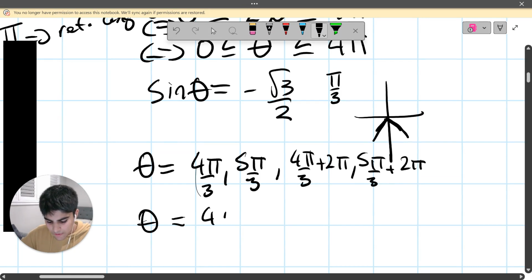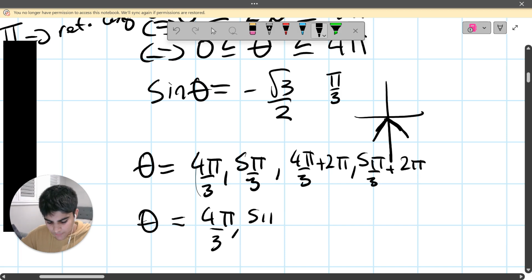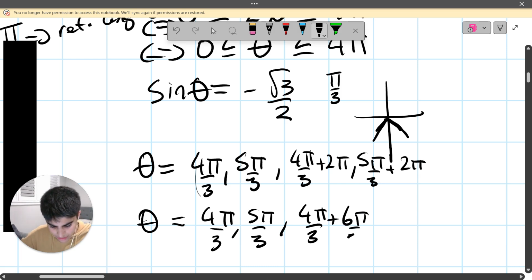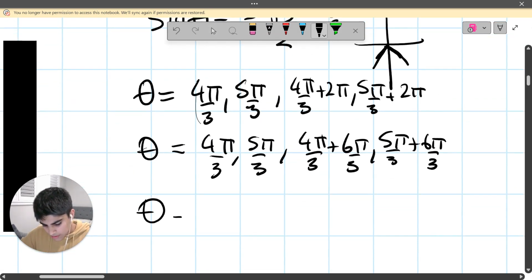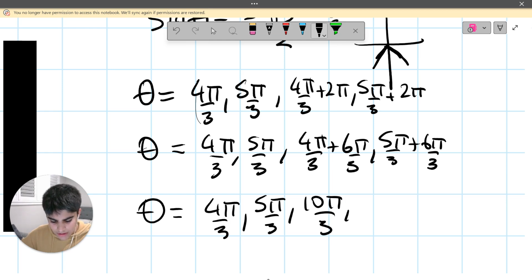Theta equals 4 pi on 3, 5 pi on 3, 4 pi on 3 plus, let's break this up, 6 pi on 3, 5 pi on 3 plus 6 pi on 3. Theta equals 4 pi on 3, 5 pi on 3, 10 pi on 3, and 11 pi on 3.